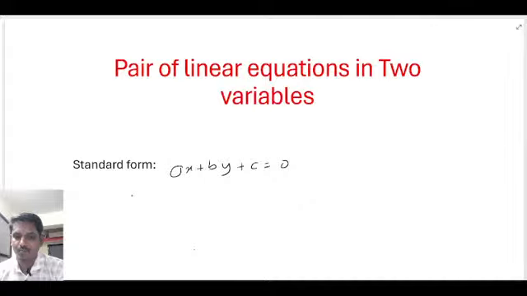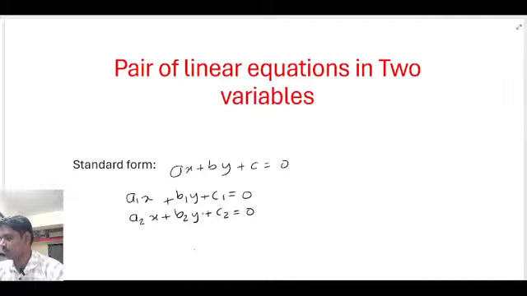So we will represent the equations as a1x plus b1y plus c1 equals to 0, and the second equation will be a2x plus b2y plus c2 equals to 0. So when two equations are given together, we say it is a pair of linear equations.